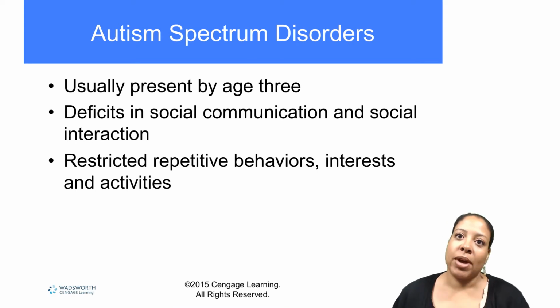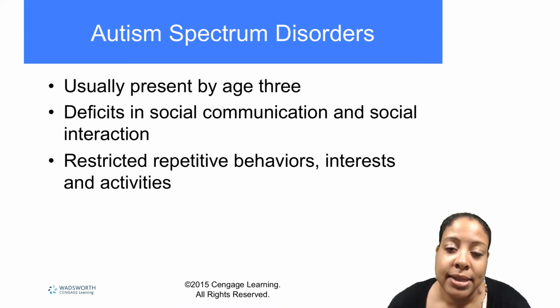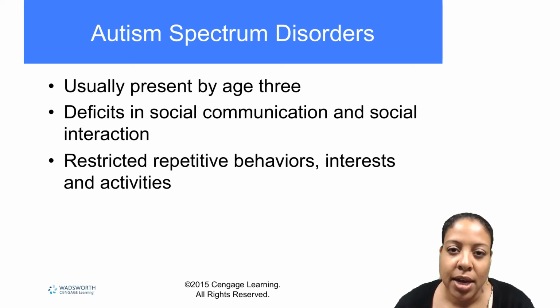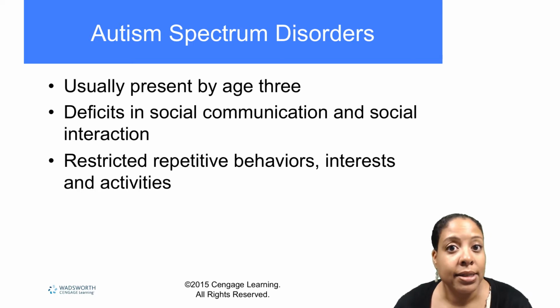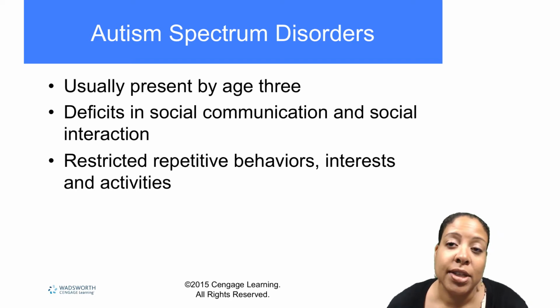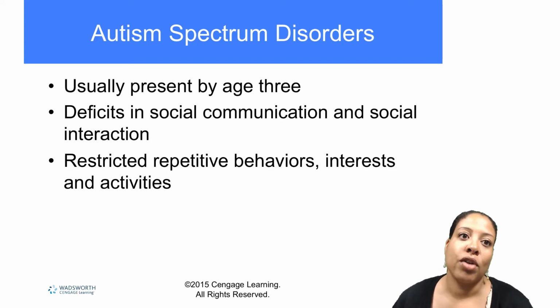And autism spectrum disorders are usually present by age 3. So I would say between the ages of 18 months and age 3, that is when parents may start seeing signs and getting the child assessed and evaluated with perhaps a developmental pediatrician. And with autism, there are deficits in social communication and social interaction.